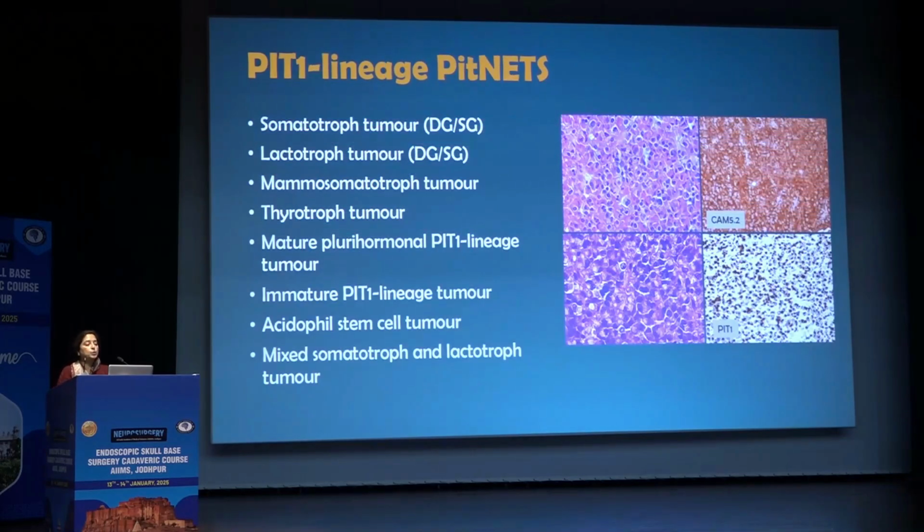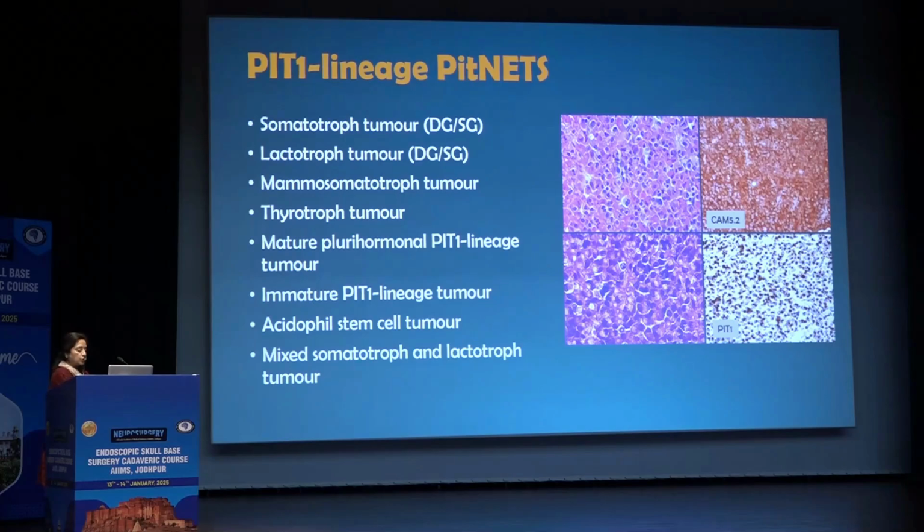So I'll quickly go through the histopathology of various tumors, as can be seen here. The PIT1 lineage has 8 subtypes of tumors. On H&E, the pathologist is able to see whether it's sparsely granulated or densely granulated. Then, according to the tumor, we'll get the hormonal immunopositivity. For example, in somatotroph tumor, we'll get the immunopositivity for GH, in lactotroph for prolactin, and so on.